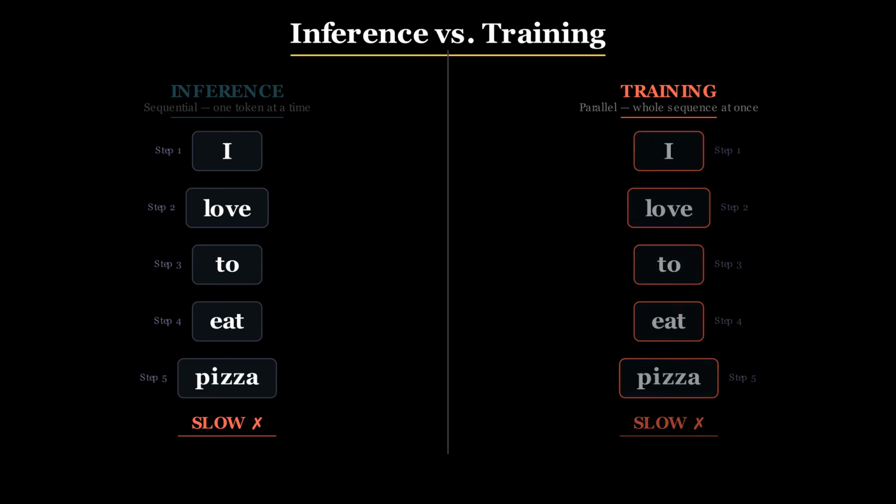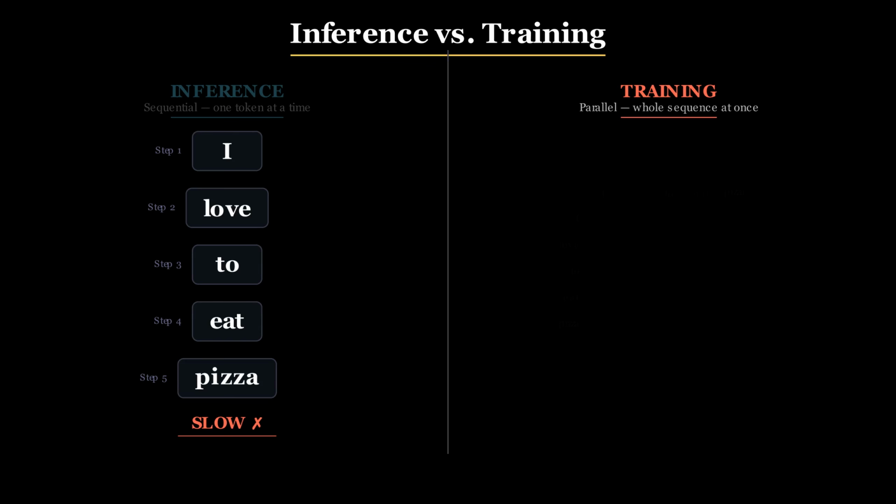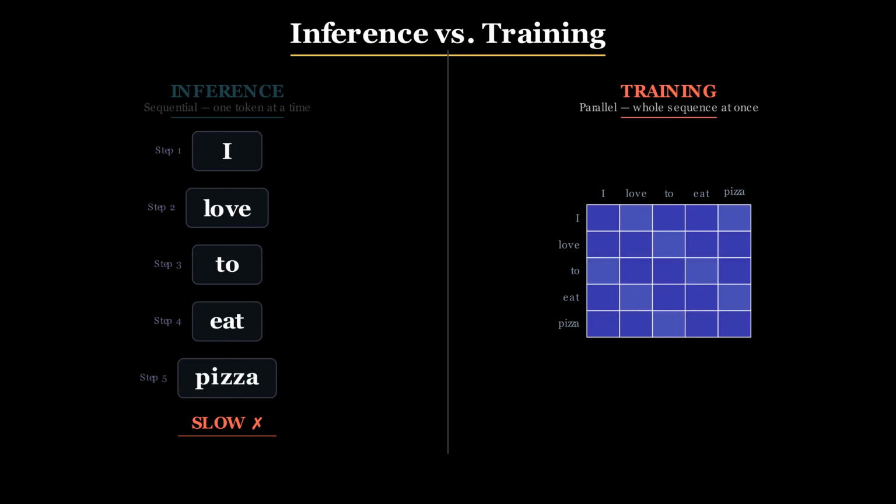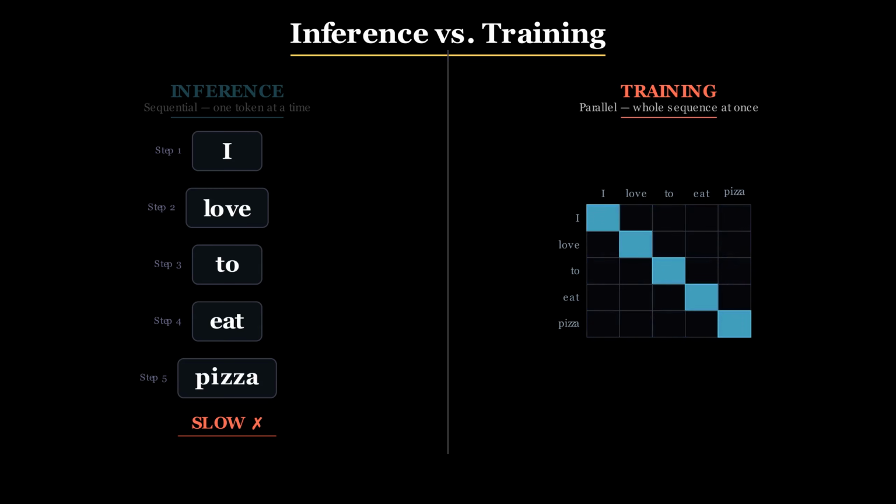So instead, during training, we feed the entire sequence all at once and process all tokens in parallel. This is the key to making training fast. In this attention matrix, self-attention computes a score between every single pair of tokens simultaneously. The diagonal represents tokens paying attention to themselves, and the lower triangle represents the model paying attention to valid past context.